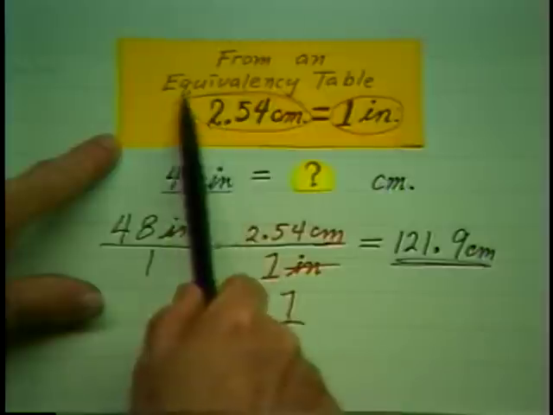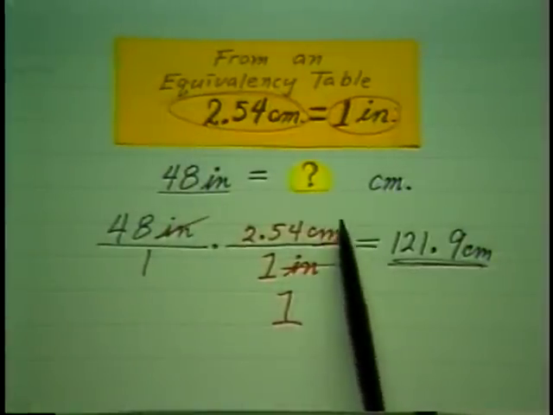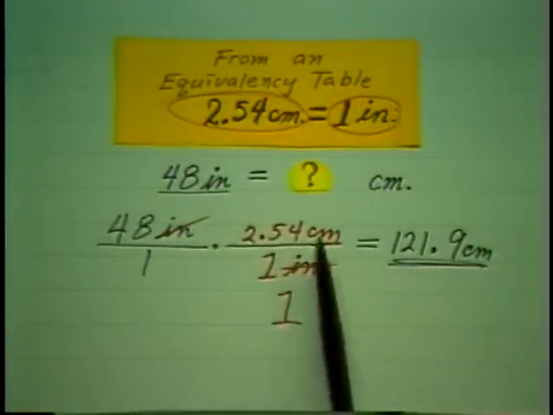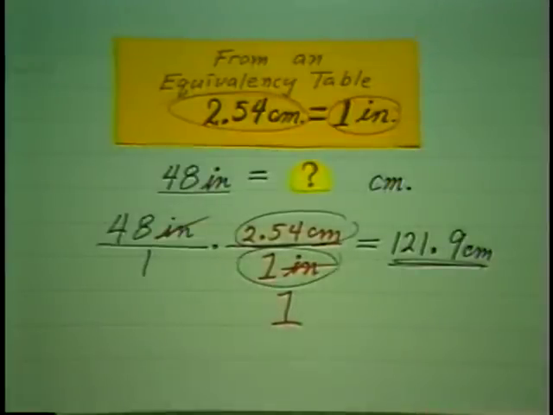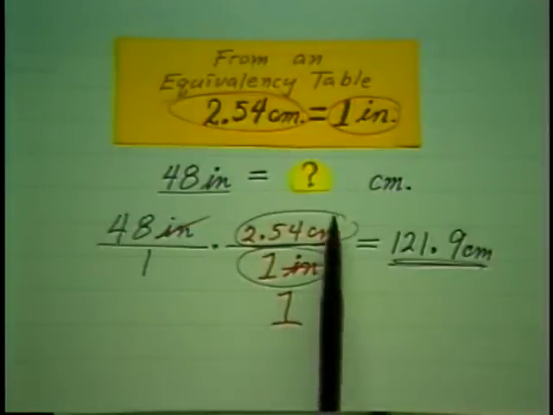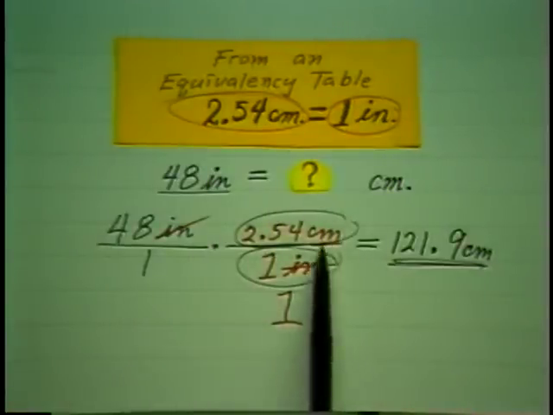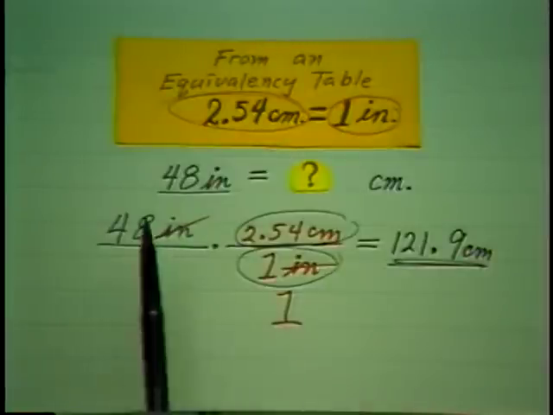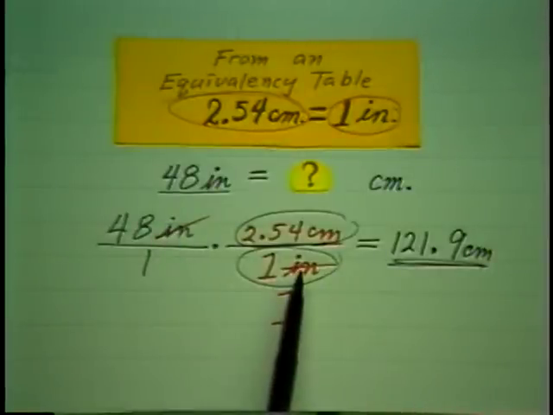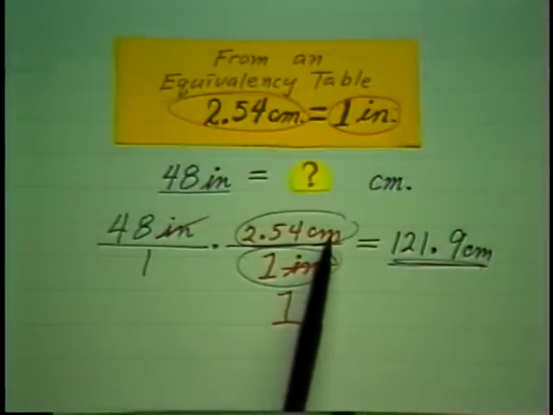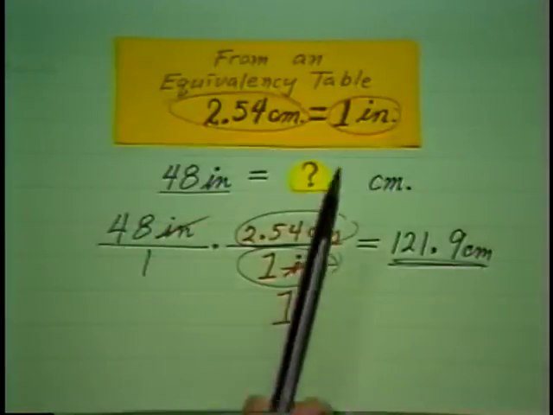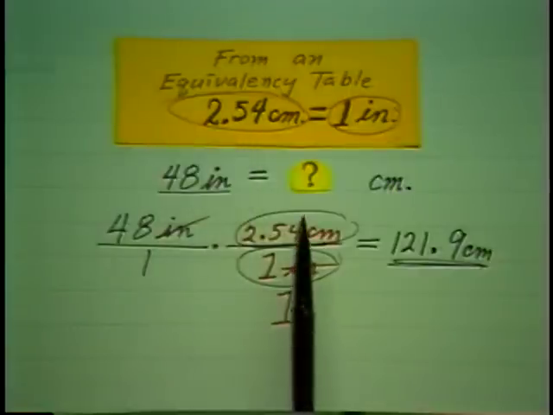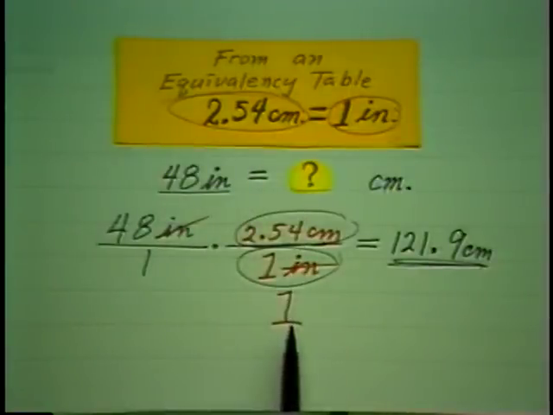I put the other side of the equivalency on the other side, top in this case, so that I would know that this is equal to this. And that's a very important point. I cannot do any of this if ever the top is not equal to the bottom. Then I cancel what I want to get rid of, and that brings in what I want. So again, you concentrate on what you want to get rid of and equivalencies. Then in effect, you're really multiplying by 1.